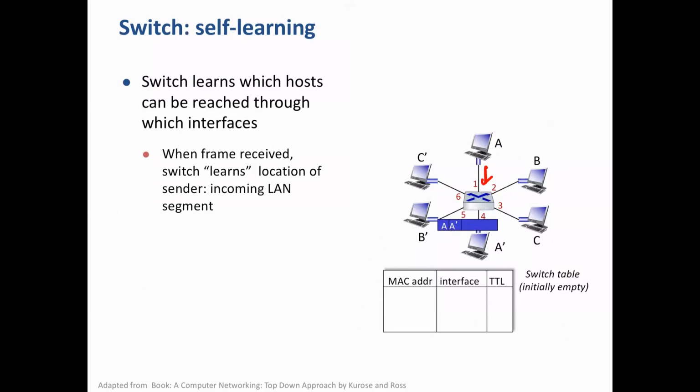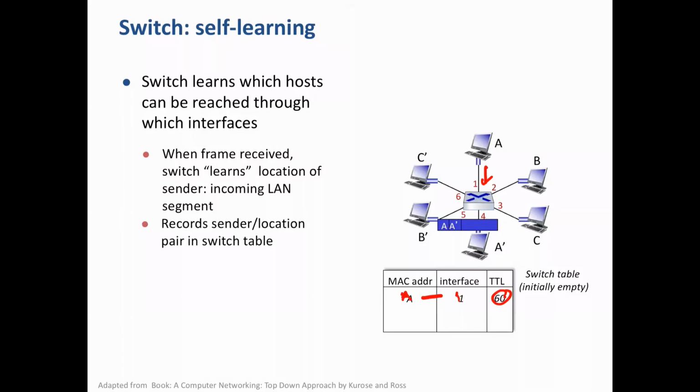Now when this switch receives this packet from A, it will look at the source MAC address and enter it here, along with the interface it came from. So this packet has come from A, it will write interface 1. And we say the time to live for this relationship is just 60 milliseconds or whatever. Okay, so this learning is done.